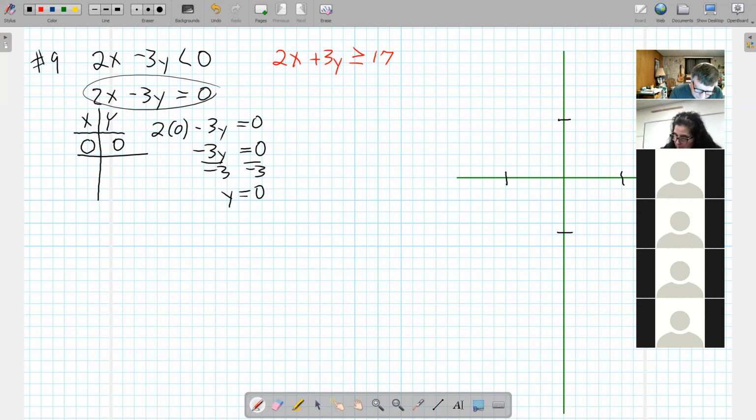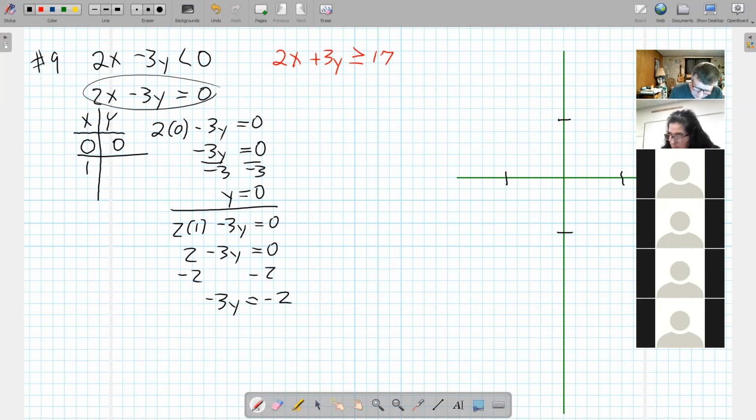So how about if we pick, oh, let's see. Well, let's just pick 1, okay? So if x is 1, 2 times 1 minus 3y equals 0. 2 minus 3y equals 0. I'll subtract 2 from both sides. Negative 3y equals negative 2.